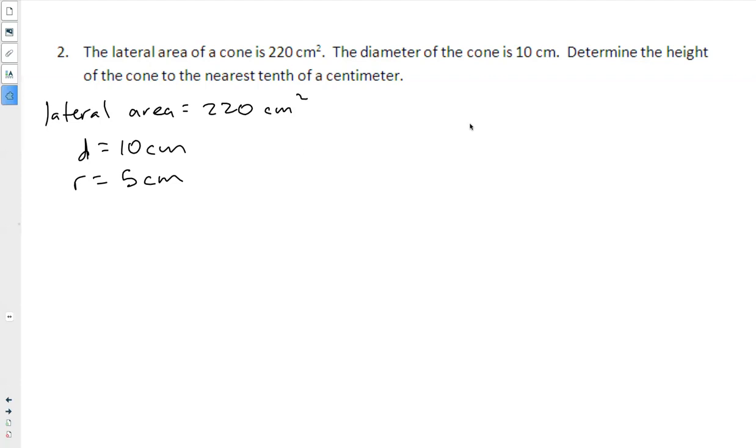Okay. We know from our last couple slides that the formula for surface area of the cone is equal to pi r s plus pi r squared. Okay, so we're looking for the height of the cone. So I'm just going to draw a picture here.